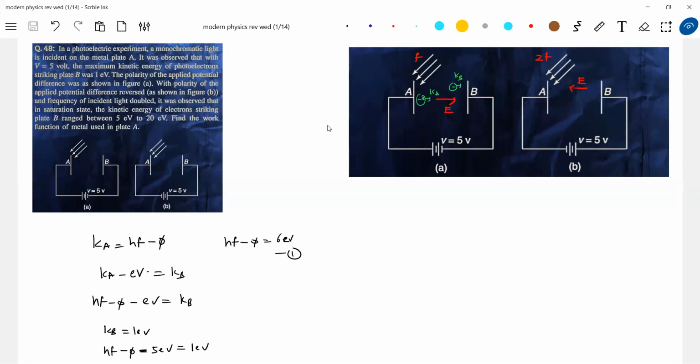So therefore, what is the kinetic energy of the emitted electron here? Ka dash. Here they will strike with Kb dash. So what is the range? 5 electron volt to 20 electron volt.